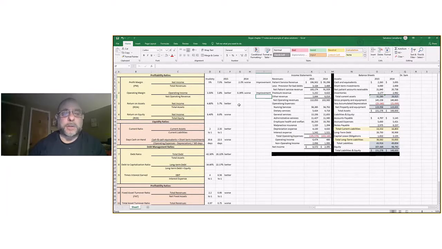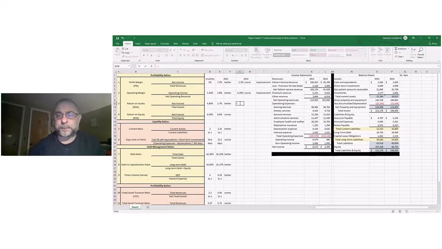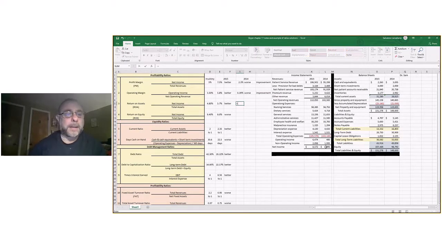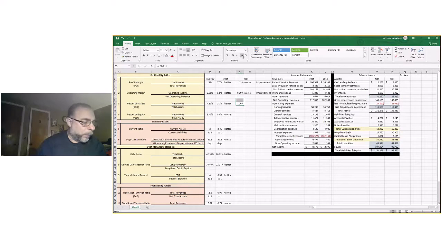Let's take a look at your return on assets, and that's your net income. And we want to divide that by your total assets. So now we're grabbing something out of the balance sheet, and basically let's put that into percentage as well. So about 1.6% is what I come up with, and if you compared that to the industry, we were worse.